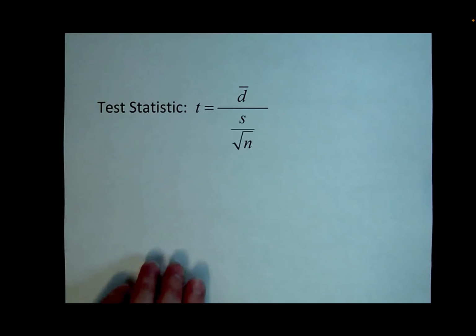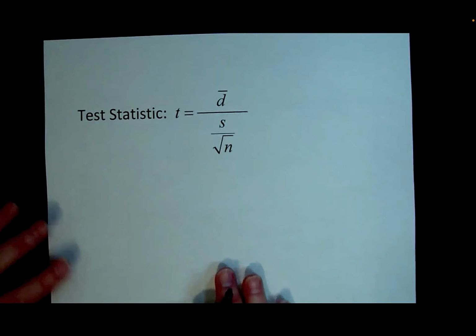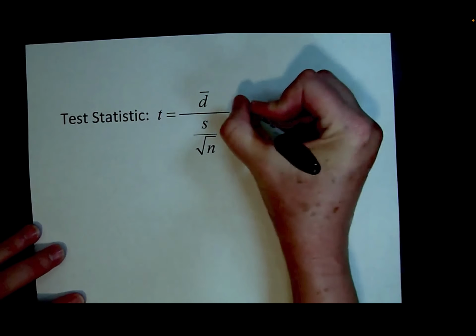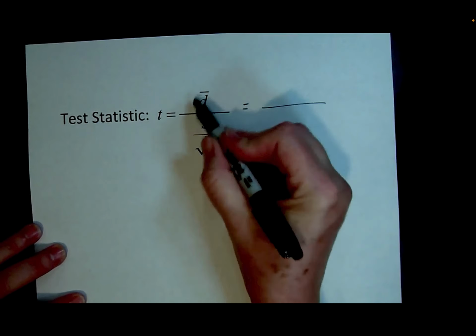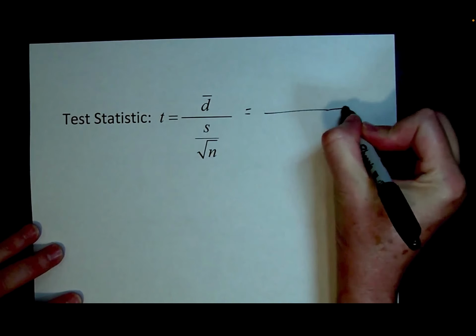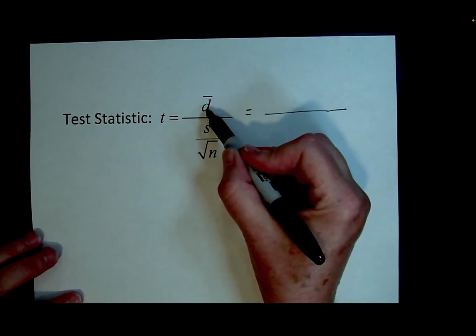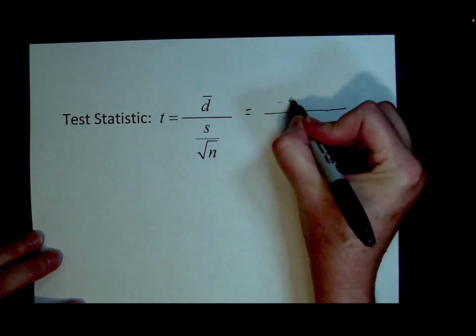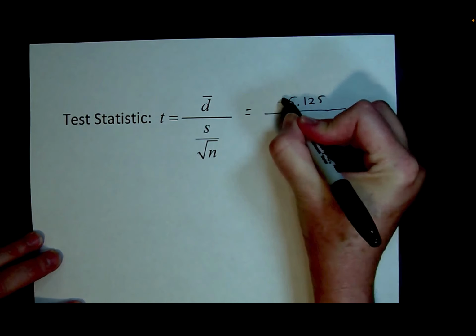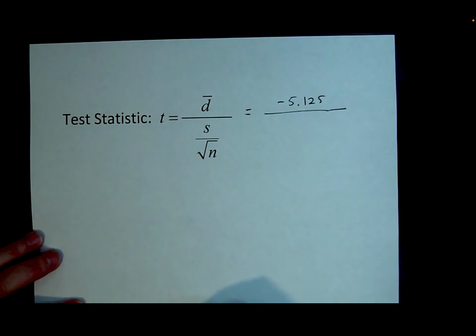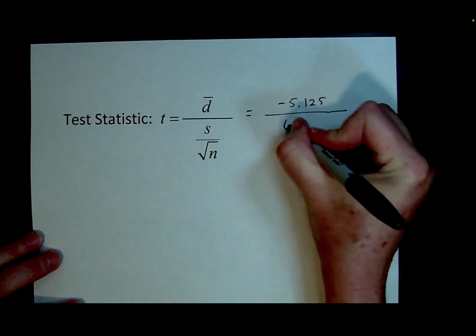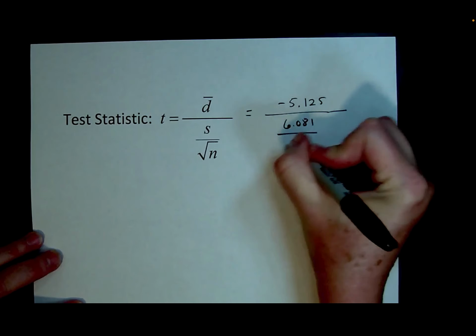Okay, so let's put some numbers in now and get an answer here. Here's the formula for our test statistic. D bar, the mean of the differences in our sample, we computed to be negative 5.125. The standard deviation was 6.081.